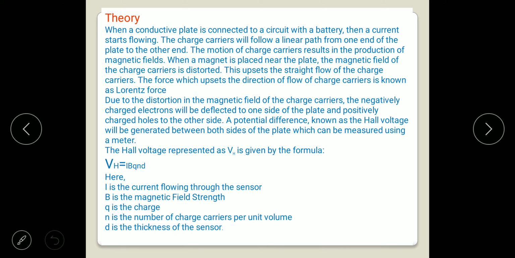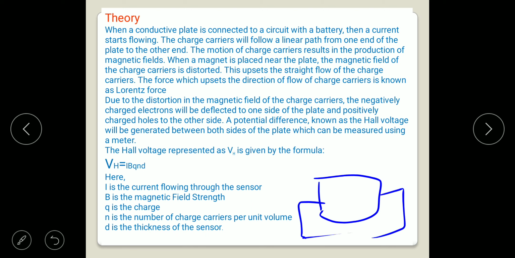When we connect a conductive plate to a battery, a continuous current flows, which creates a magnetic field here.